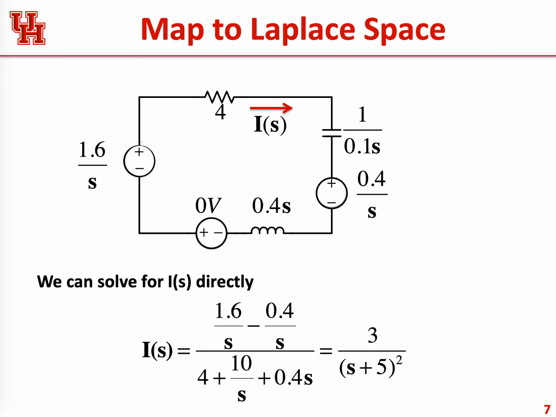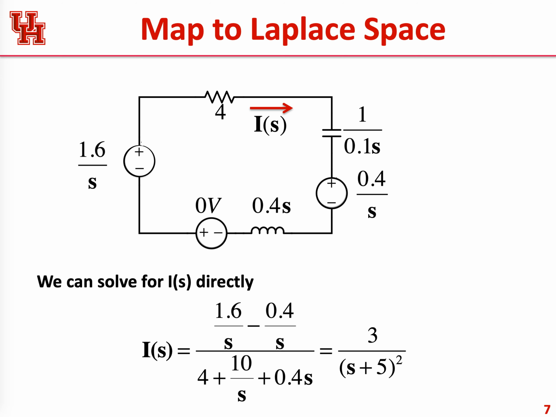Is is simply given by the total voltage, which is 1.6 divided by S, minus 0.4 divided by S, divided by the total impedance along this path.